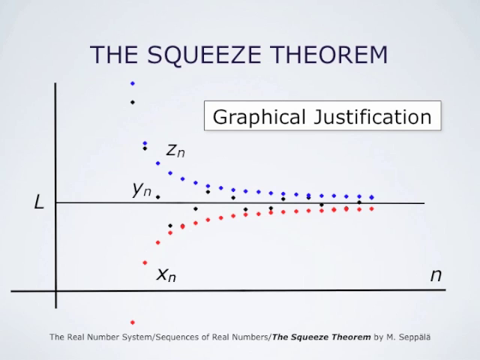Now xn and zn approach the same limit capital L. The dots yn are squeezed between the red and the blue dots. Therefore, as n goes towards infinity, the dots yn have no option other than to approach this limit capital L. So, thinking of this theorem graphically, this seems almost completely obvious.